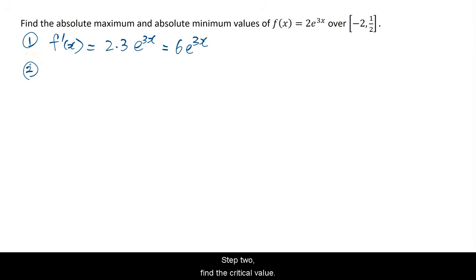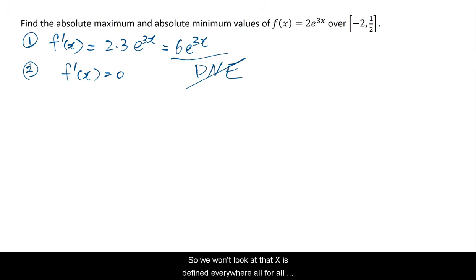Step 2, find the critical values. So we will make f prime of x equal 0. First of all, there's no does-not-exist case, so we won't look at that. X is defined everywhere, for all real values of x. So when will f prime of x equal 0?